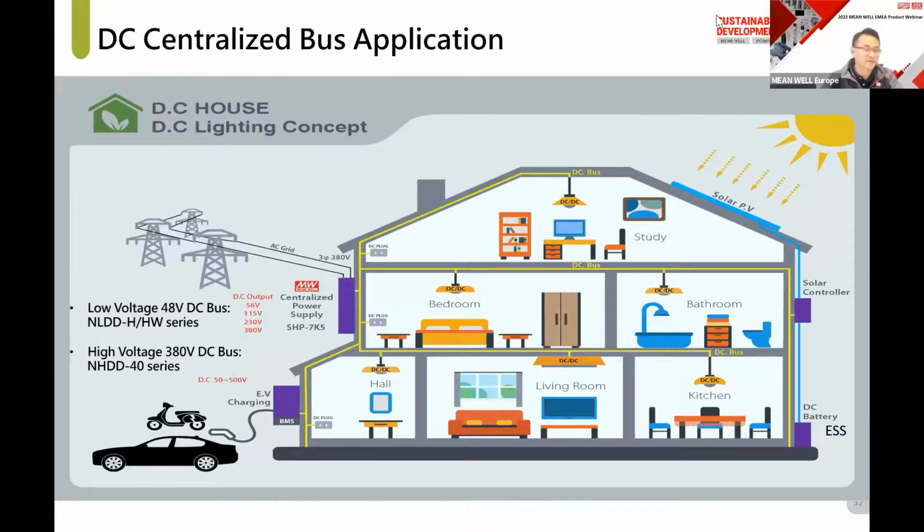Furthermore, if you want to store energy, traditionally AC has to be converted to DC to save energy into the battery. When you want to use the battery energy to light an LED luminaire, you have to use an inverter to convert DC to AC, and inside the LED luminaire, it will convert the AC to DC again.